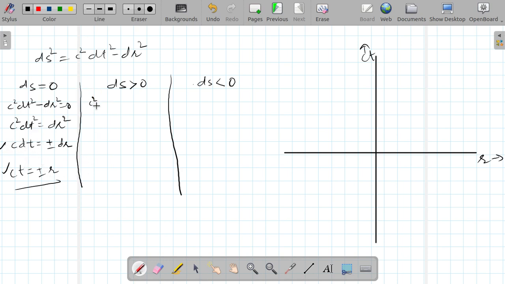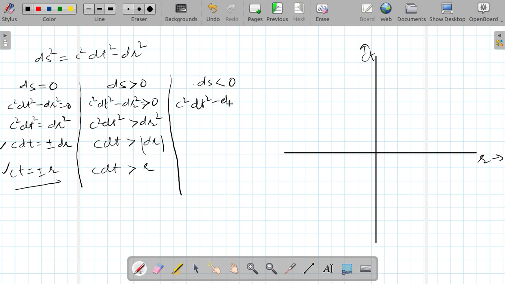And here c square dt square minus dr square is greater than 0, so c square dt square is greater than dr square, and c dt is greater than mod of dr. There is another possibility that c square dt square minus dr square is less than 0, or c dt is less than mod of dr, and here ct must be less than mod of r. These are the three possibilities.